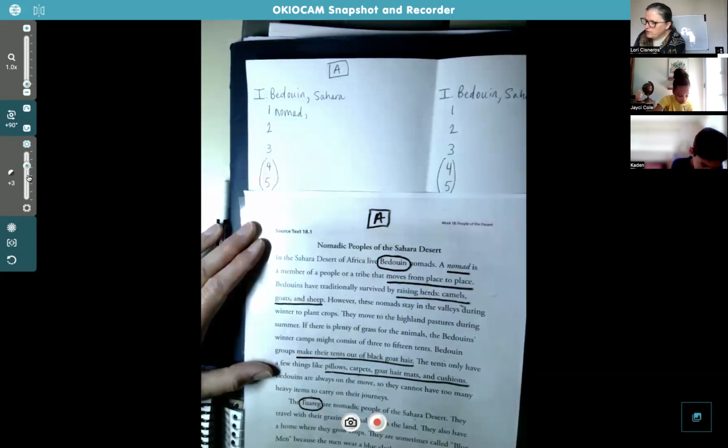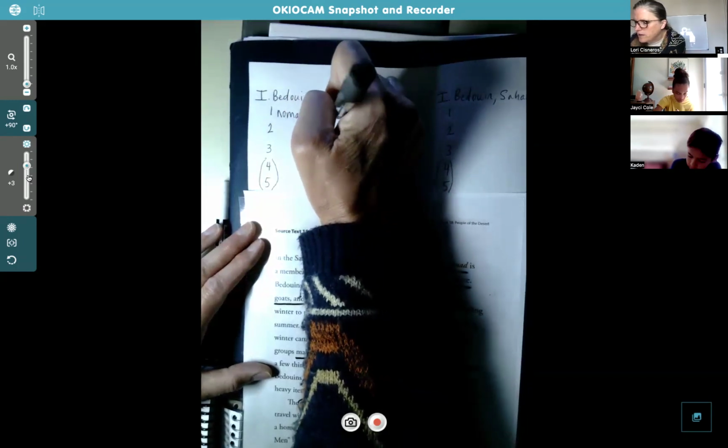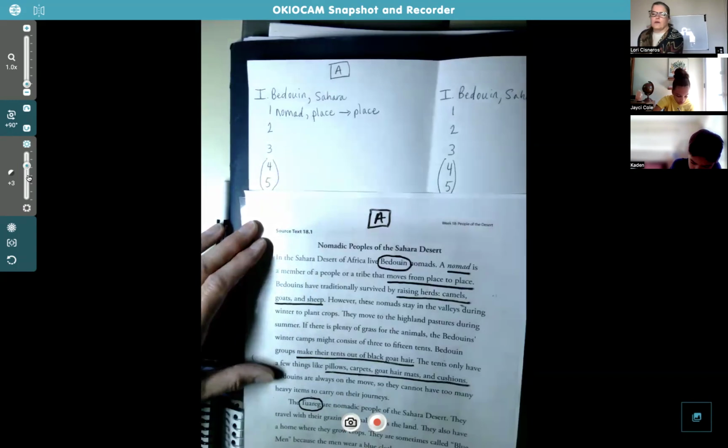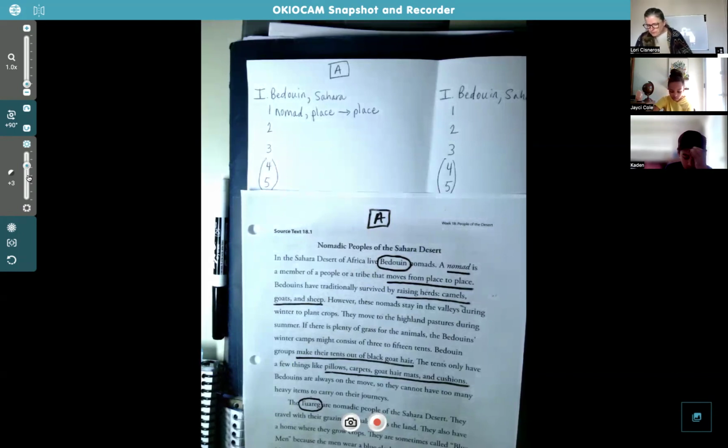And then moves from place to place, I'm just going to put place, arrow, place. And that'll remind me, yes, they move from place to place. Or they travel from place to place. You could say it that way too. Okay.